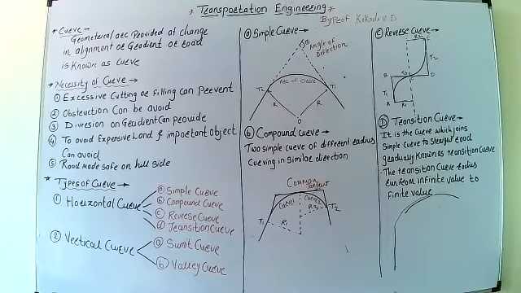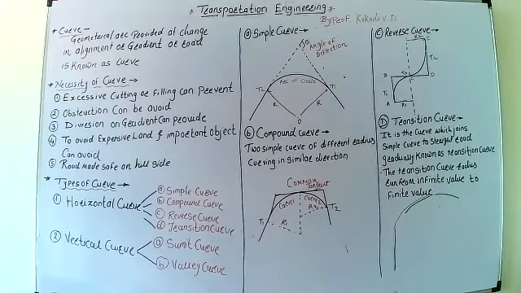I already explained it, but in brief, listen carefully: to provide gradual change in the radius of curvature; to provide smooth entry of a vehicle from the straight path to the simple curve; to permit gradual application of super elevation and extra widening of a horizontal curve; and to provide safety to the vehicular traffic. These are the main objectives of a transition curve.